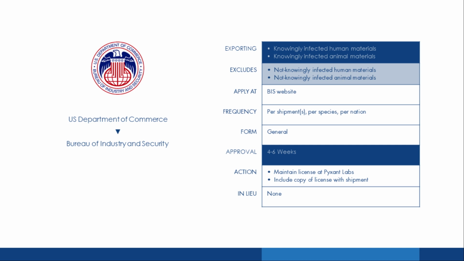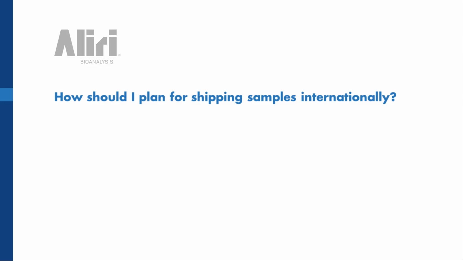So let's talk about planning. How should you plan for shipping samples internationally? These are just some good tips to know. The first one is just wait for Pixent Labs to obtain the license and permits before you ship. Like I said, in the past, we've had sponsors who were really eager to ship samples before there's proposals in place, before we have a protocol, before our laboratory is ready to do this work, thinking they're being helpful.